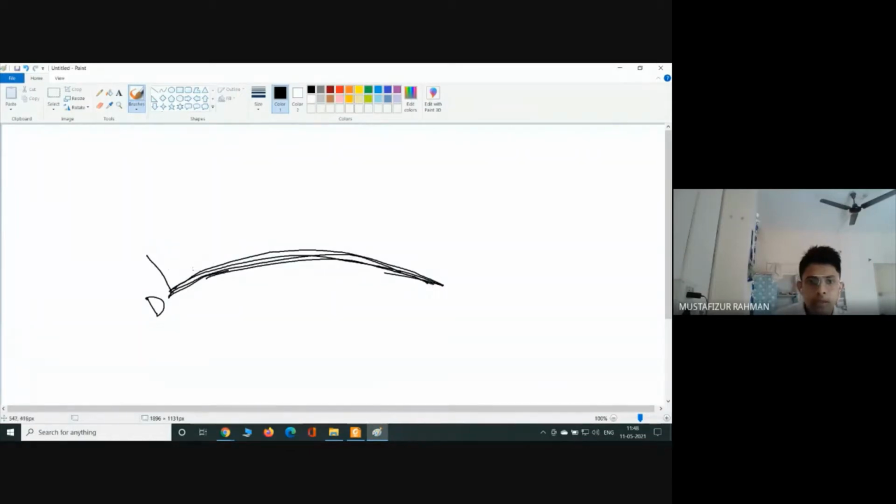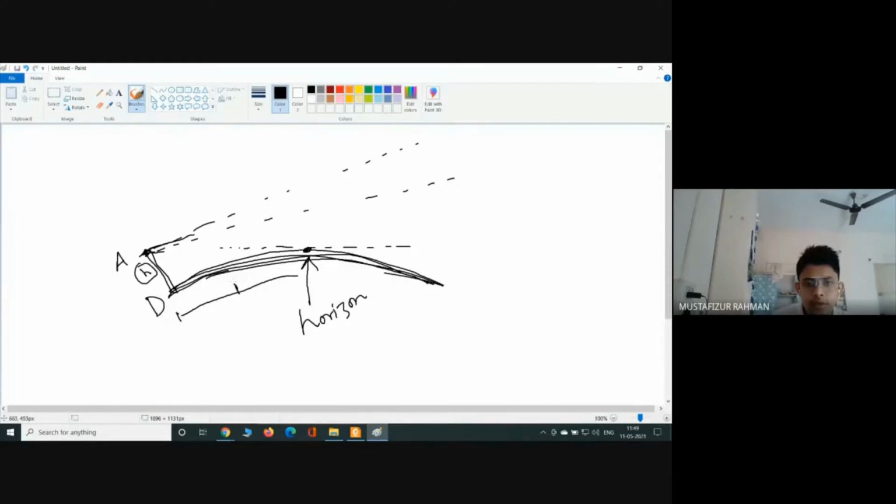Then this is the height of one object, or height of ground at a certain point, say for point A. This is the RL of point A. Now, if we have a vision from here, we can have a straight line like this, and another straight line like this. Where it will touch is called the horizon, right? Now, what is this distance? We are terming this distance as D.